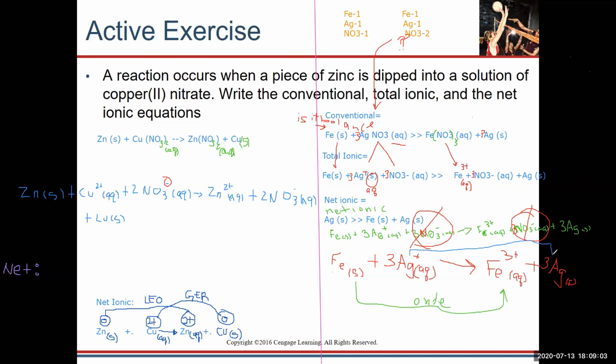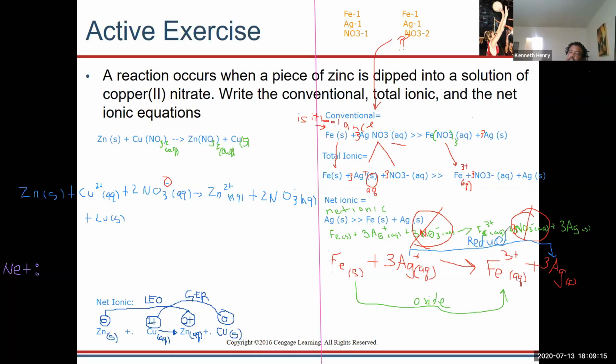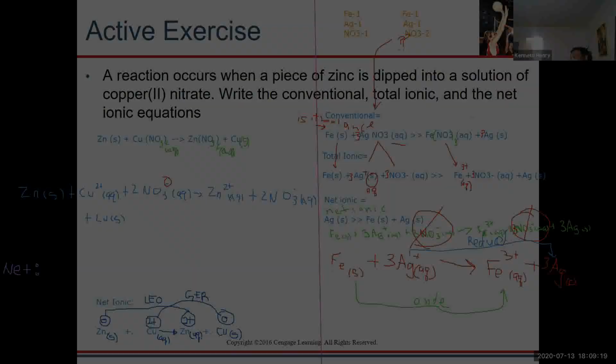Silver is reduced. Reduction. Okay, piece of cake. No. Why not?